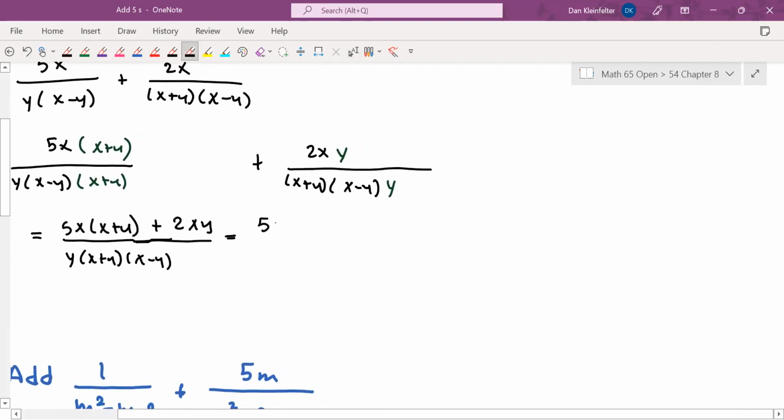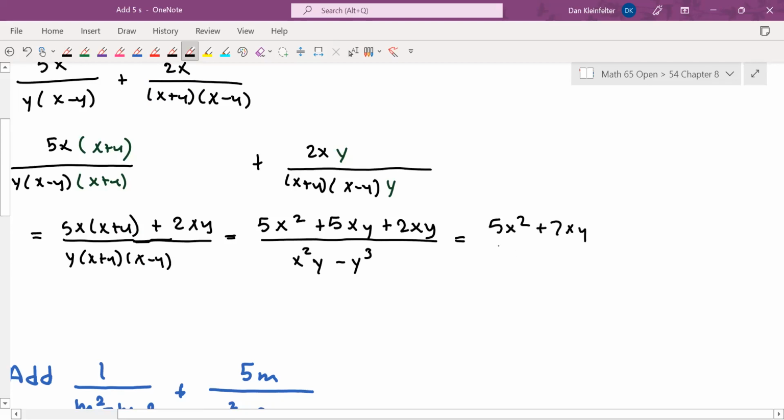So we should have 5x squared in the top, plus 5xy, plus another 2xy, looks like. Okay, let me go ahead and multiply out this denominator. We'll have x squared y minus y cubed. Okay, and then last thing to do is to just combine like terms in the numerator, 5x squared plus 7xy. Okay, and that should do it.